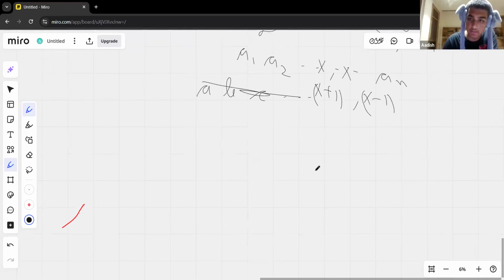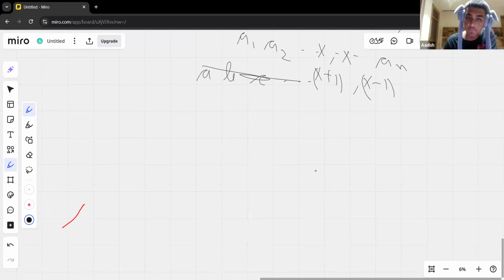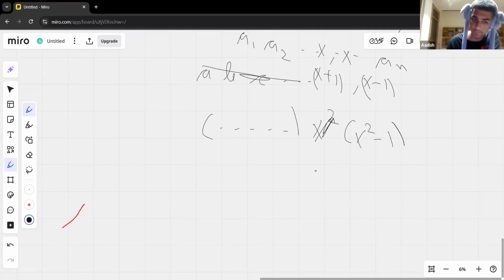So now what happens to the product? Everything except X, the product of those remains the same. Earlier we had X squared. Now we are left with X squared minus 1. X plus 1 times X minus 1 is X squared minus 1, which is smaller. So the product, after doing our moves, decreases because we have replaced X squared by X squared minus 1.